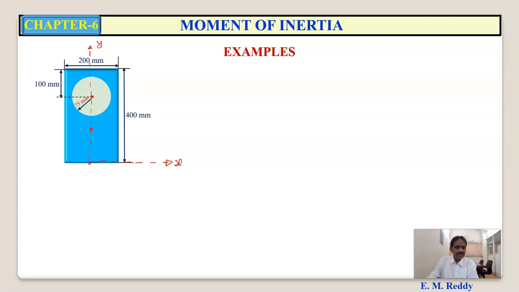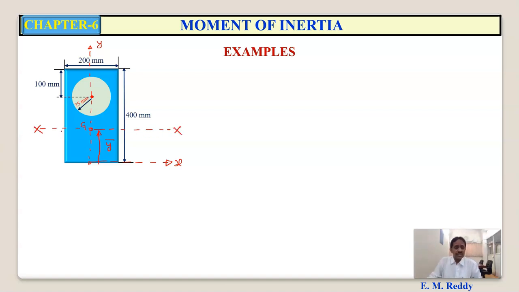Let us say centroid is over here. Its distance from x-axis is y bar. So this is the axis which is passing through the centroid. So you are asked to find out the moment of inertia about this axis, centroidal x-axis.